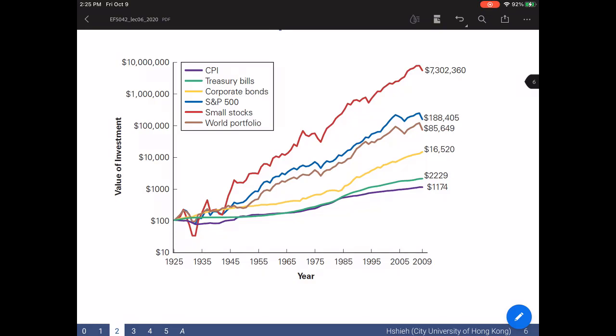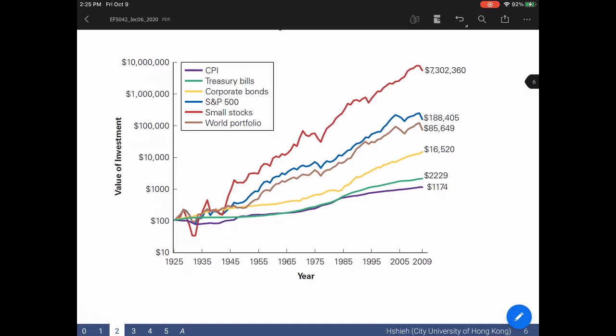If you see CPI, which is the purple line, this essentially represents just putting that $100 in a checking account and allowing that checking account's interest rates to fluctuate depending on what the inflation is and depending on what the central bank is adjusting its interest rates to. If we deposit $100 in that checking account over 80 years, we would only get $1,174.